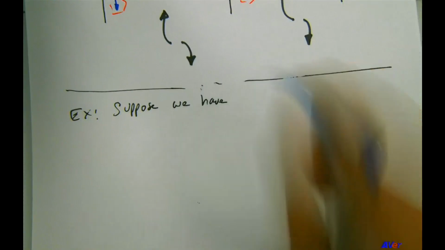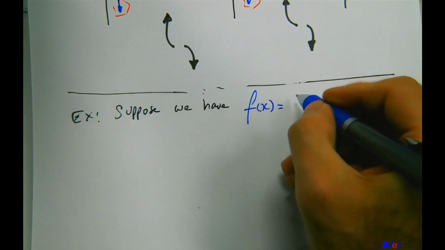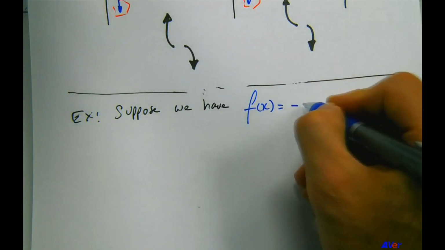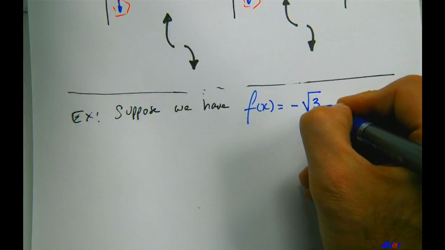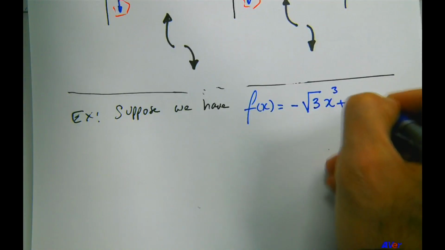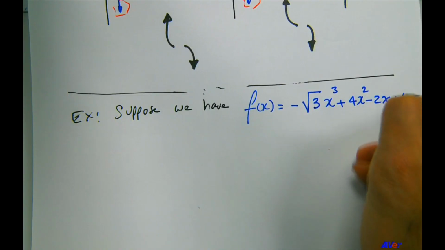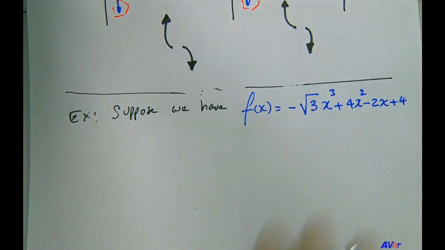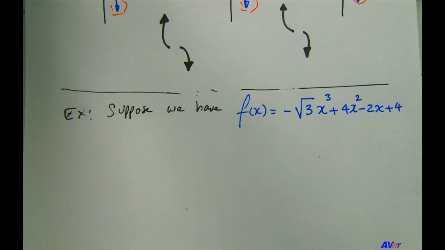We have f of x equals minus square root of 3x cubed plus 4x squared minus 2x plus 4, right?